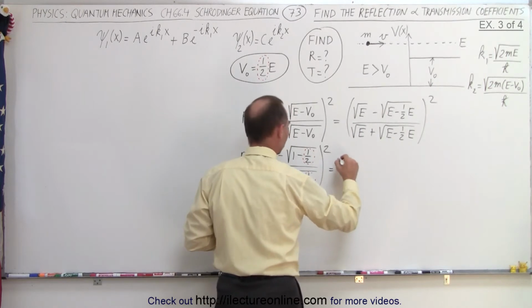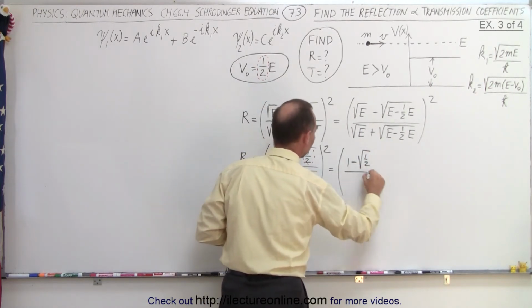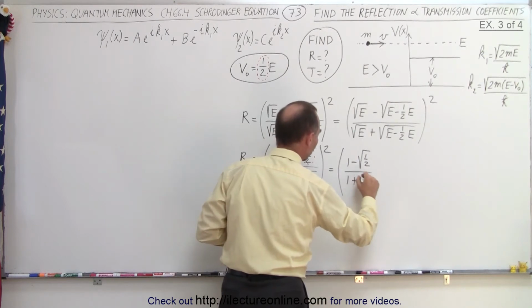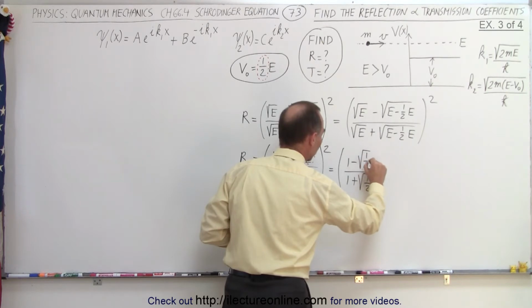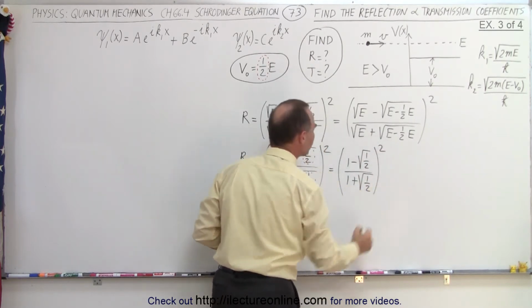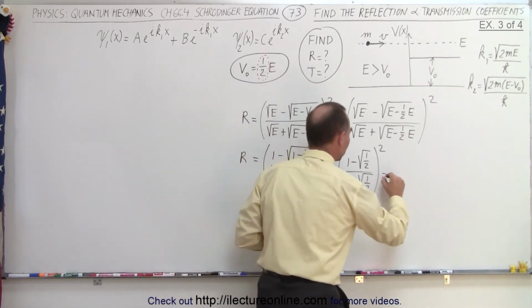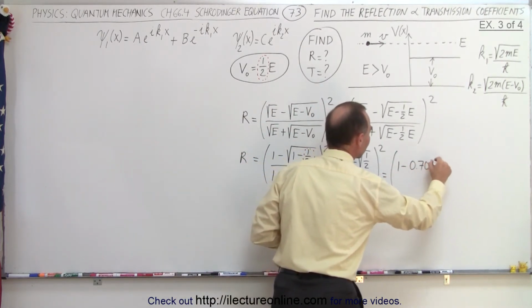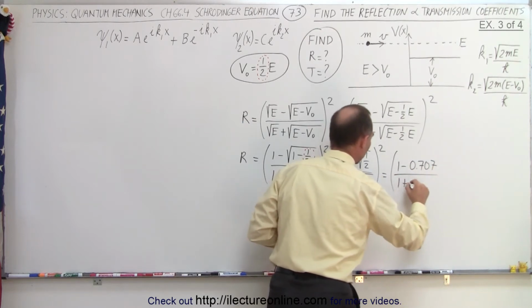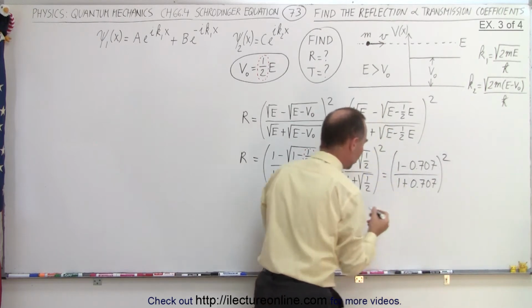So this becomes equal to 1 minus the square root of 1/2, divided by 1 plus the square root of 1/2, quantity squared. Actually, this is equal to 1 minus 0.707 divided by 1 plus 0.707, quantity squared.